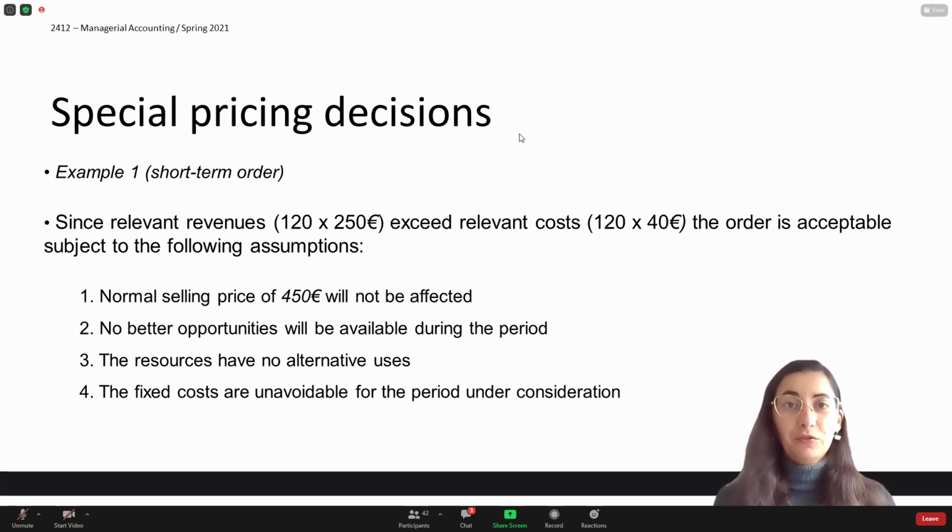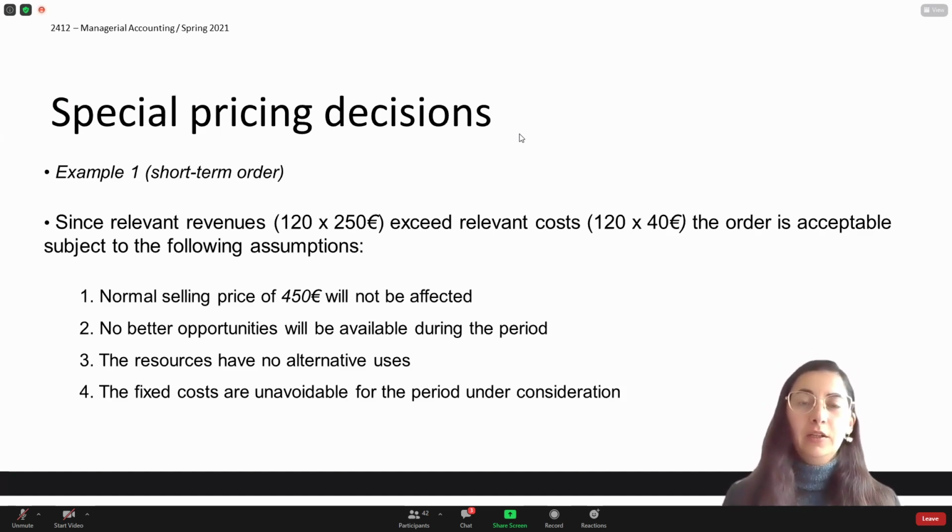This is the first thought that we have. But when we think about it, if we do not have a use for the capacity, then maybe it's better to sell at 250 than not selling at all, as long as that does not affect the normal selling price of 450. Questions here?